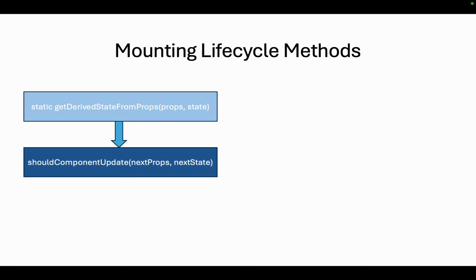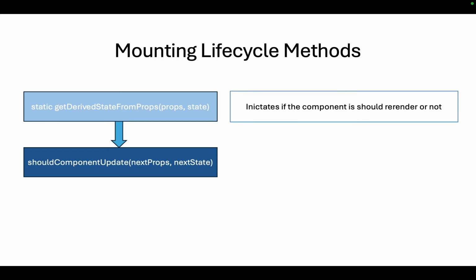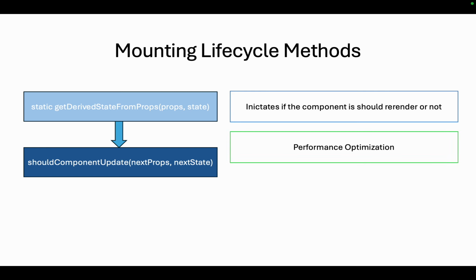Secondly, the available method is shouldComponentUpdate. As the name specifies, it decides whether the component is going to be updated or not. It takes the new props and new state as parameters and indicates whether the component will be re-rendered or not.